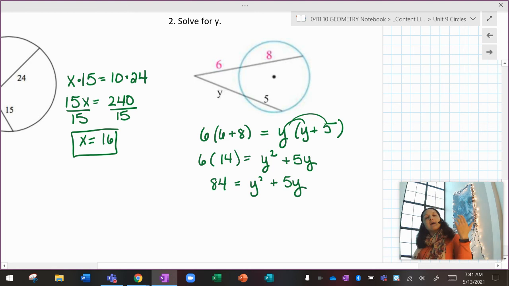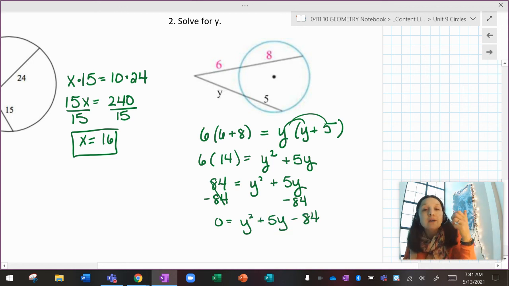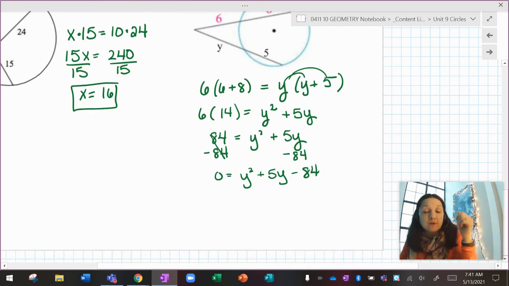And now I'm realizing I have a y squared and a y. So to solve this quadratic, what we need to do is set it equal to 0. And then we're going to try to factor. So y squared plus 5y minus 84. Now I need two numbers that have a product of 84 and a difference of 5.